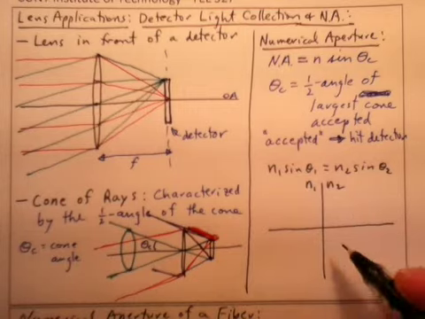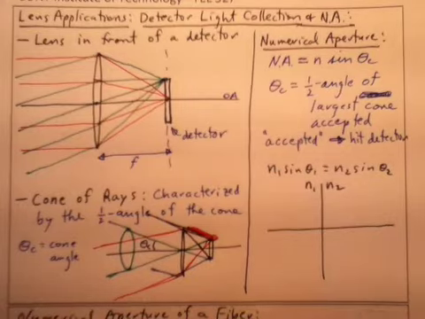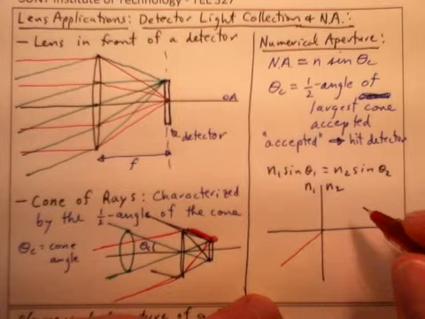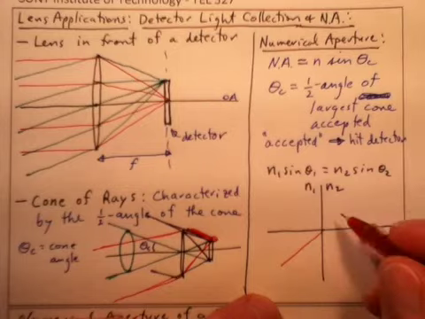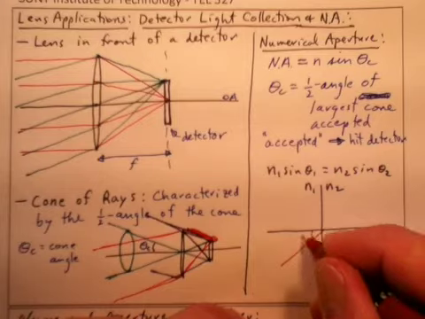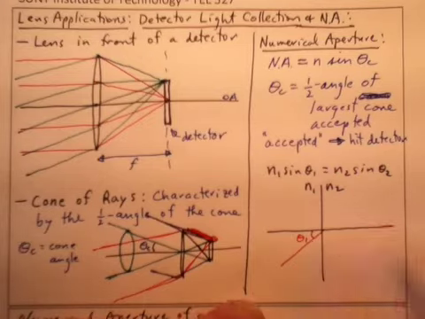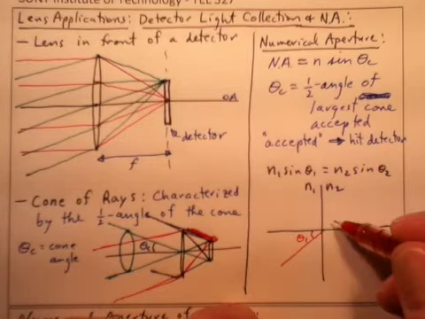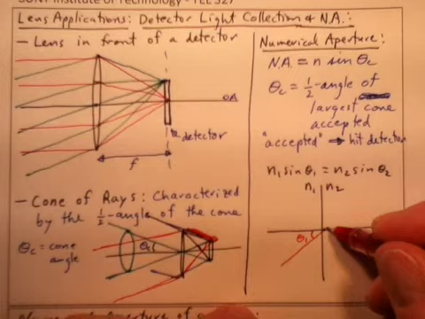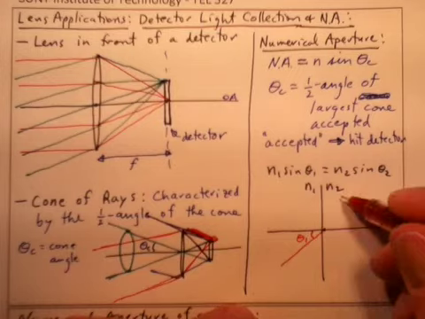And so we could think of a ray, a single ray coming in here. This is the normal, and this is the angle theta 1. The ray will be bent away from the normal because N2 is less than N1.